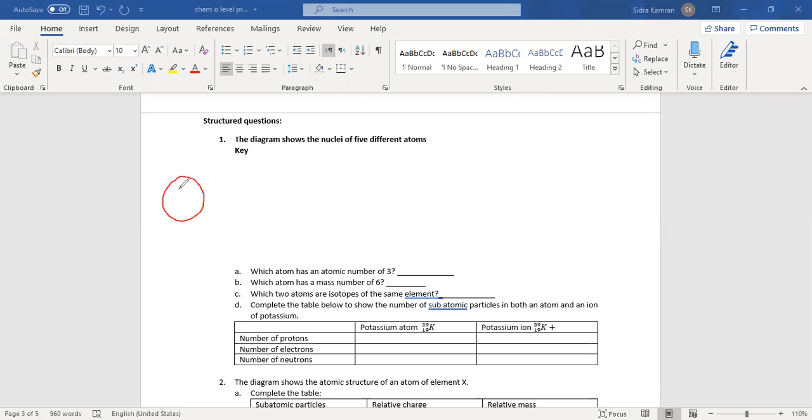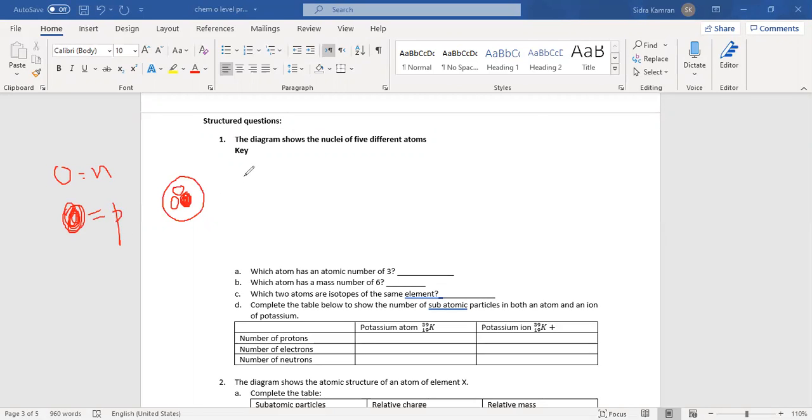First atom having two neutrons and one proton. This bold one is shown as proton. Two neutrons and one proton. This is for neutron and the bold one is for protons.